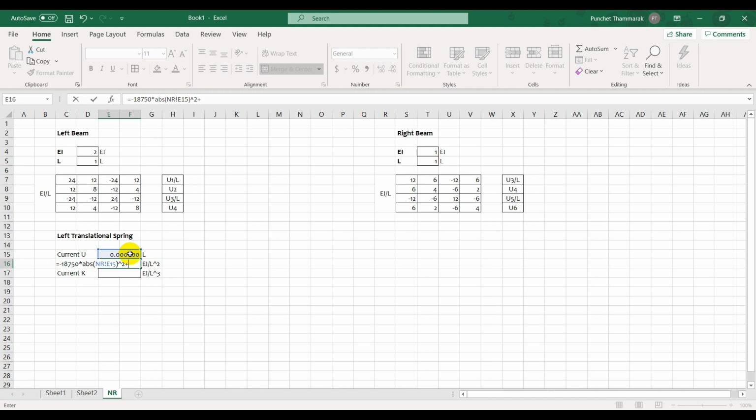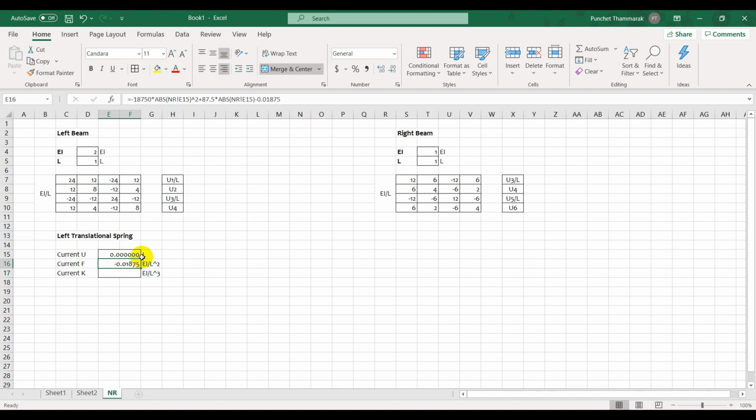Things in the bracket are dimensionless, so the scale outside has to be EI over L square. Please add the L square as the denominator to make it consistent in units. This spring will work for both tension and compression, and minus 0.01875. There you go.